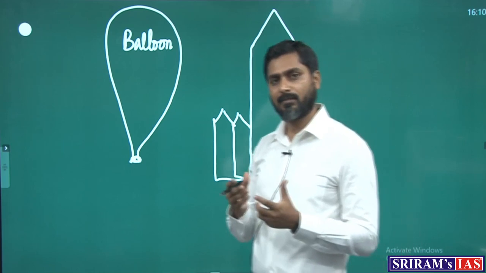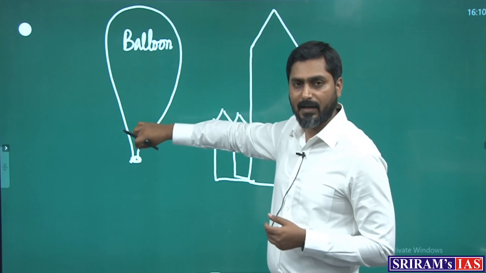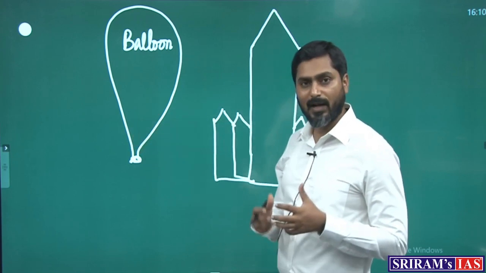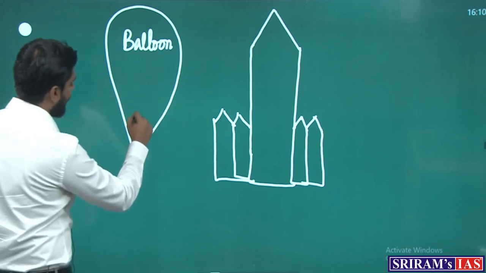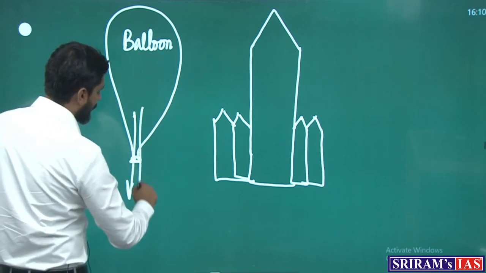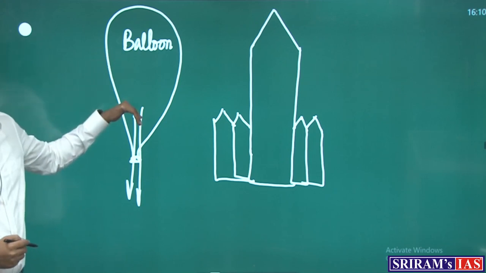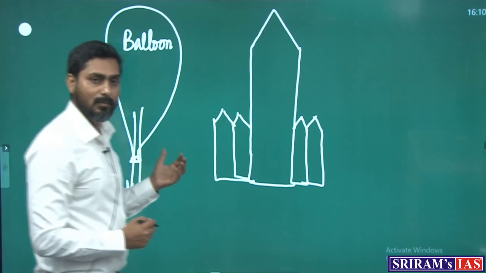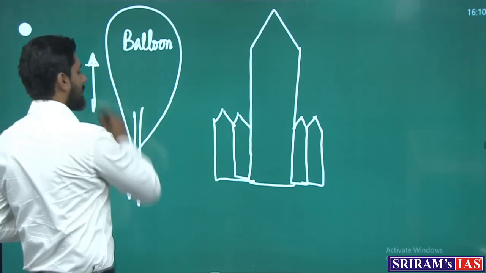After filling the balloon with air, we leave this end of the balloon open. So what will happen in this case? The gases or air that has been filled here will start moving out. Now since the air is moving out, the balloon will also move, but in the opposite direction.